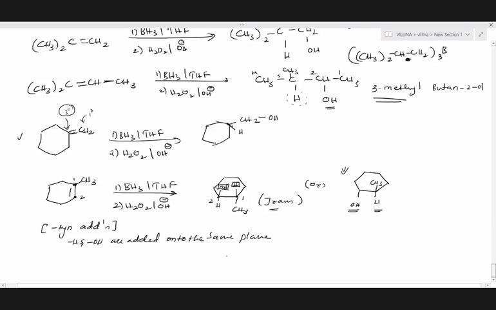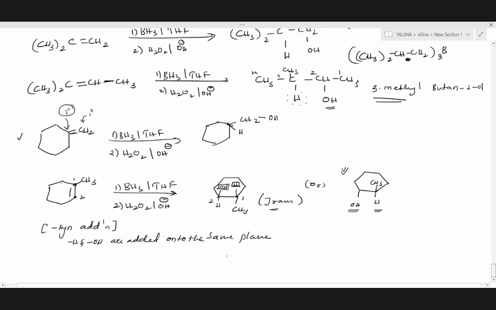So if I change the writing of this compound, here we have CH3. Yes or no? Say there is a CH3 down the plane, and this is our carbon number 1 and this is our carbon number 2. Between carbon number 1 and carbon number 2, which carbon is having less number of hydrogens?